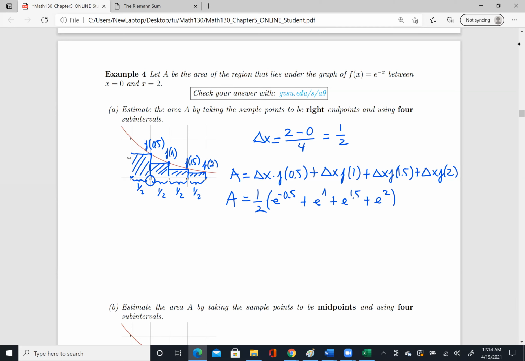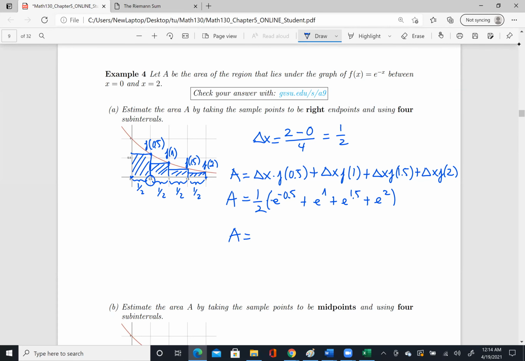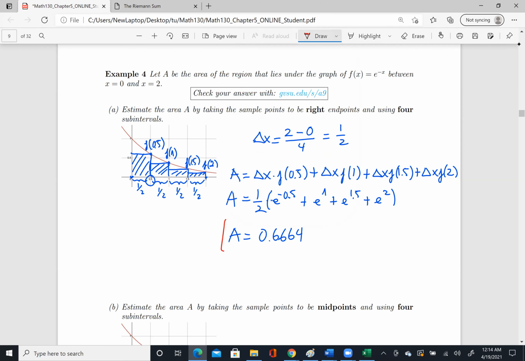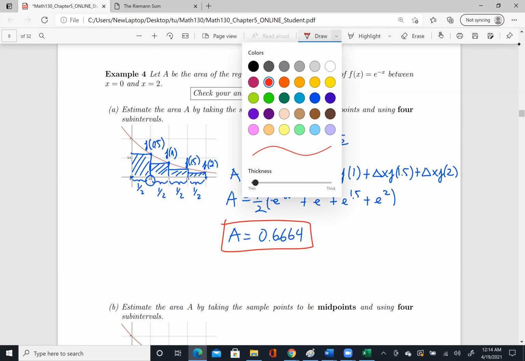And now you can use a calculator and get the answer. Actually, it is 0.6664 as the answer. Okay, so I will circle this as the final answer.